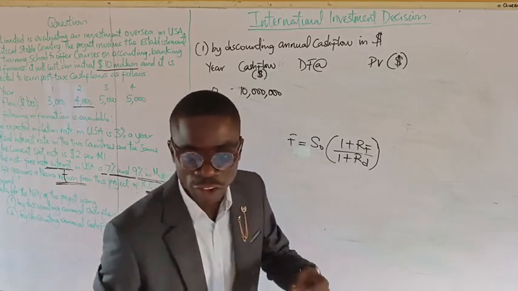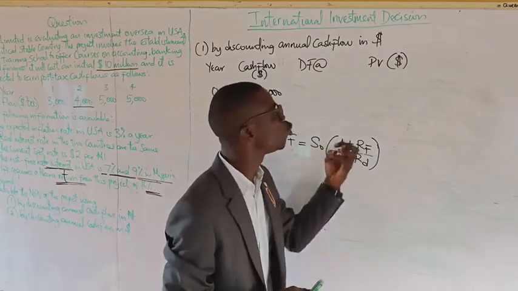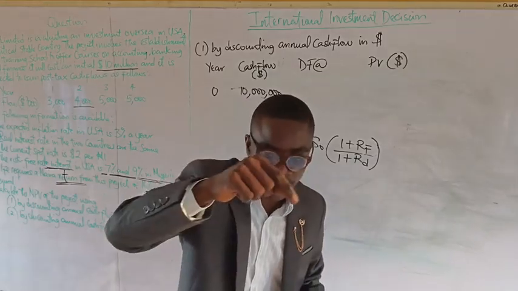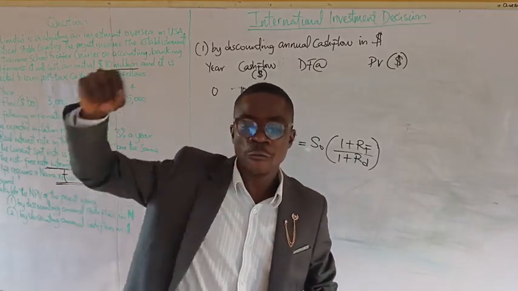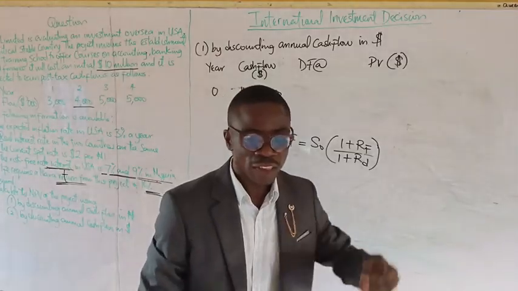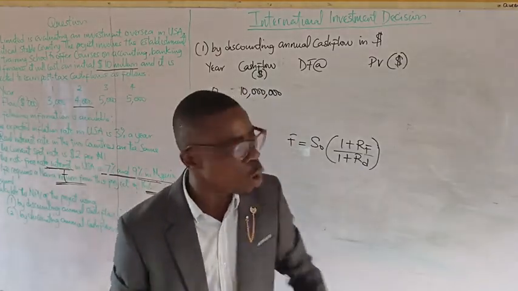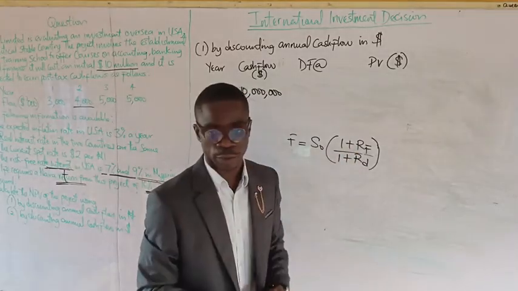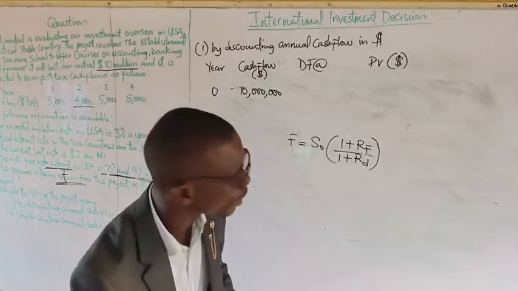And I told you that interest rate parity can also be used to derive the cost of capital for either the domestic interest rate or the foreign interest rate. Because the interest rate for the project was not given for the foreign, but it was given for the domestic. Do you understand what I just said now?